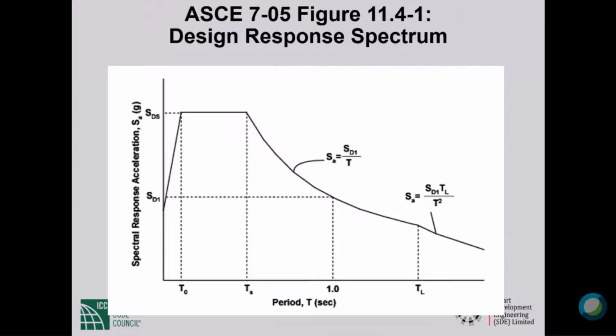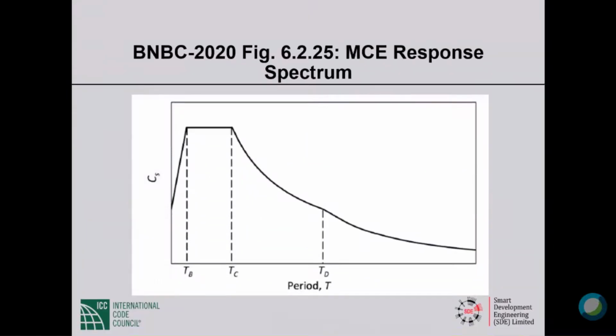In Bangladesh, the fixed value of T sub L is 2.0 second. Most of the time, you will stay with the first two branches, and those are defined by S sub ds and S sub d1, ordinates to the spectrum at 0.2 second and 1.0 second. The design spectrum of AC 705, very, very important.